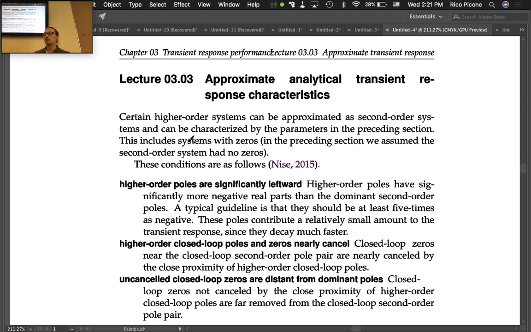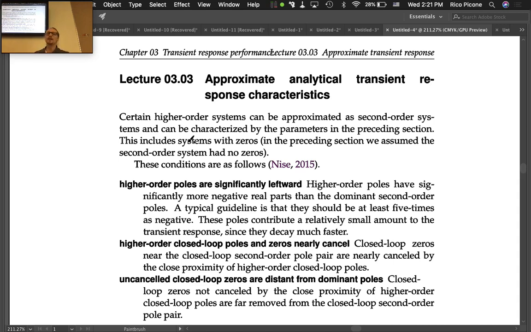So when those arise, it would be nice if we still could relate our nice first and second order parameters to these performance characteristics, even though we don't have this perfect solution that we had in lecture 3.2. Maybe we can get an approximate solution.